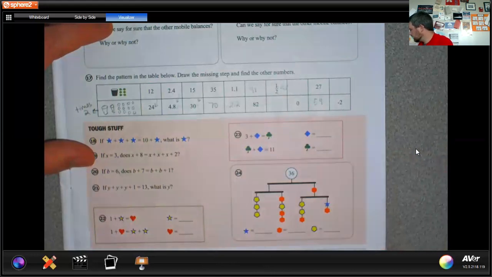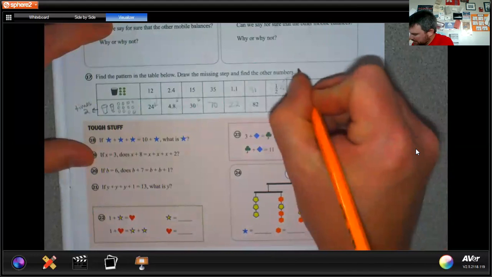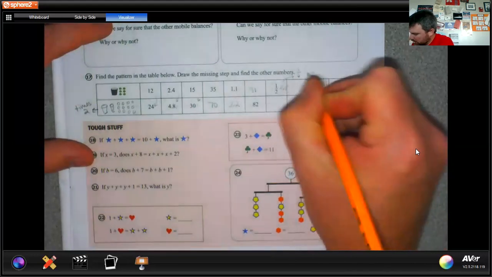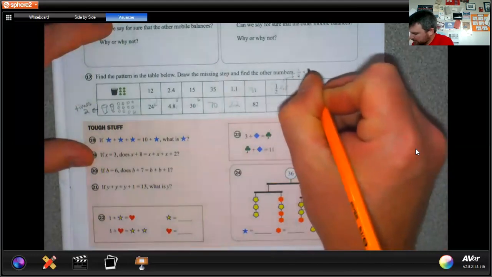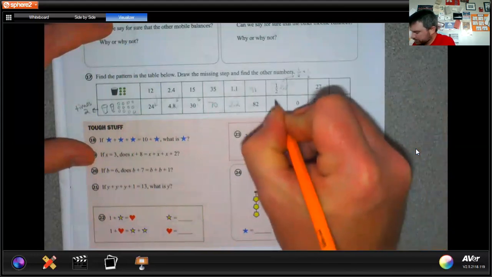What do you get? I'll give you a second here to get that figured out. Having troubles? That's okay. Think about it. I've got 1/2 times 2, or 1/2 plus 1/2. If you have 2 halves and you add them together, you get a whole.